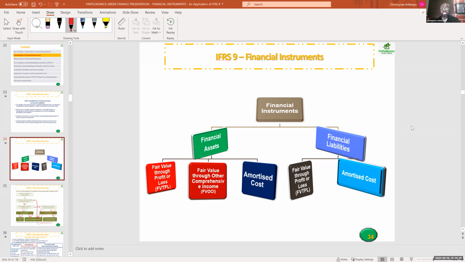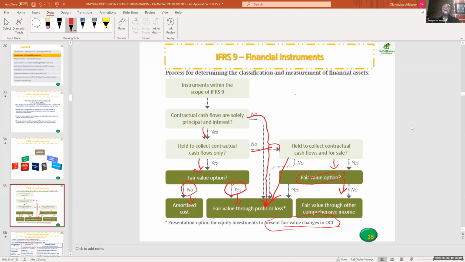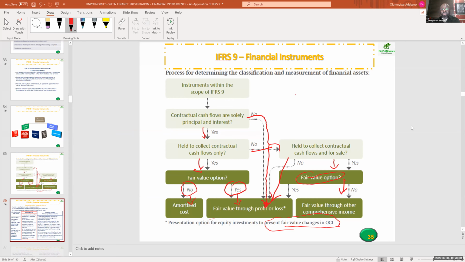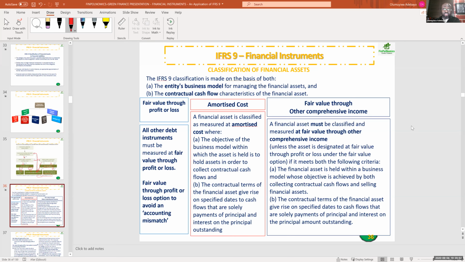We also further discussed financial liabilities, which have 2 classes. The first class is fair value to profit or loss, while the second class is amortized cost. We went further to look at steps or a flow chart in order to understand how we group or classify financial instruments. We went on to discuss initial recognition, where we concluded that all financial assets have to be measured at initial recognition at fair value, and likewise financial liabilities.